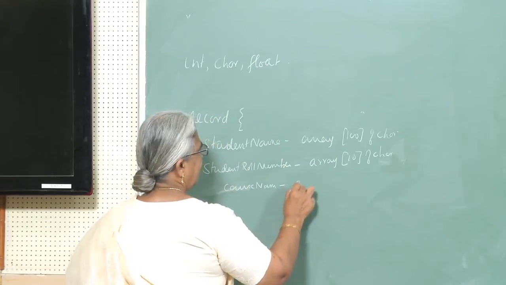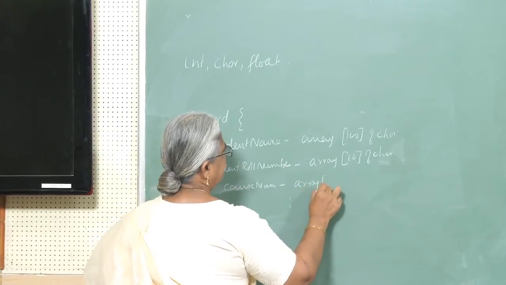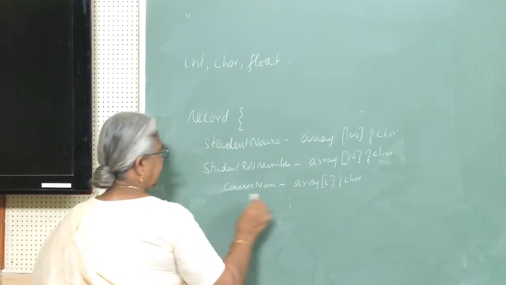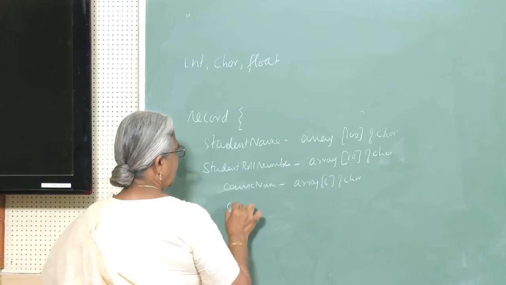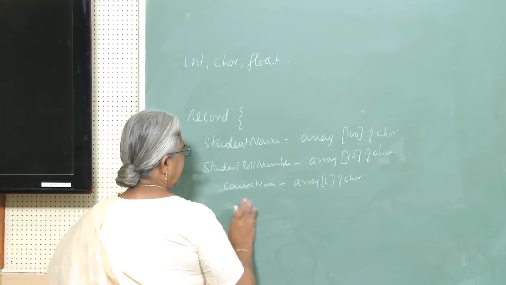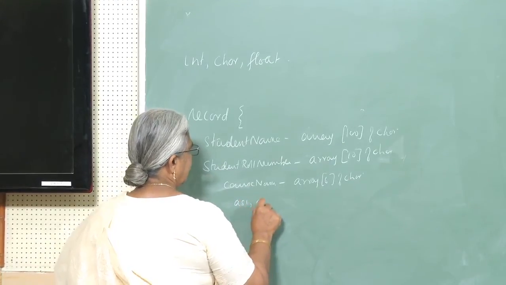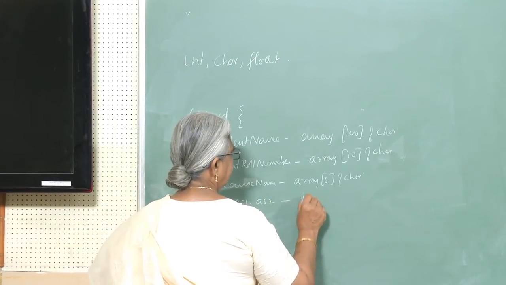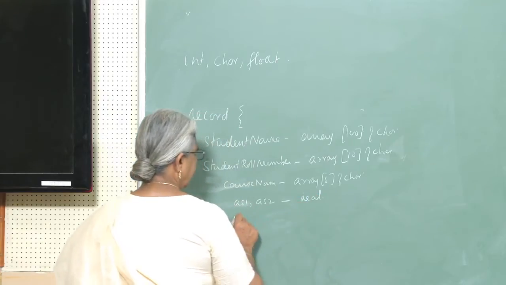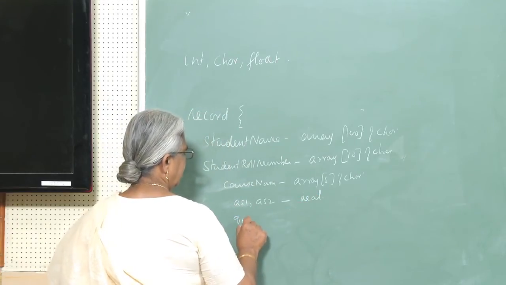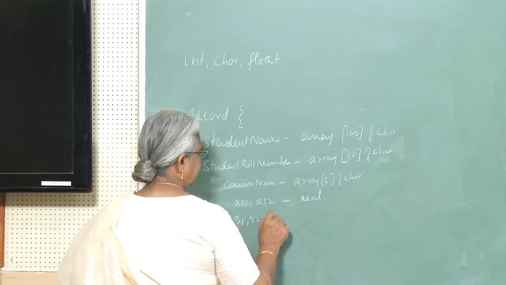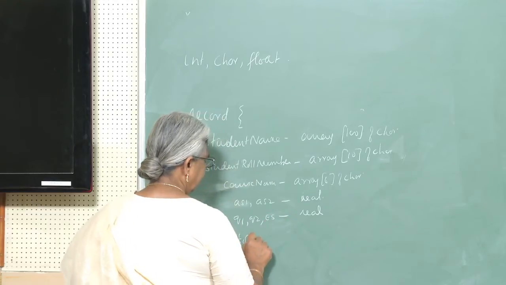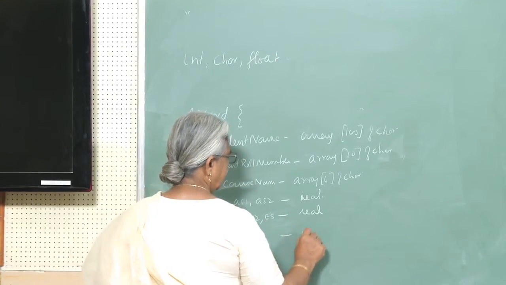So, let us say I have an array of 6 of char, and let us say course marks: assignment 1, assignment 2, of type real or float, and quiz 1, quiz 2, end sem of type real, and then you have a total, which is also of type real.